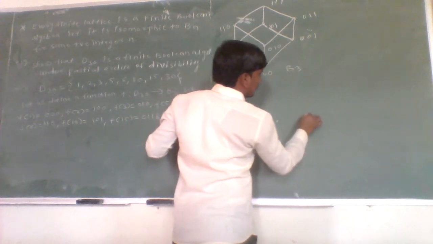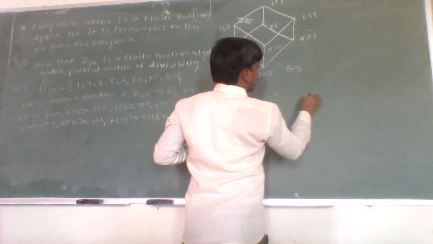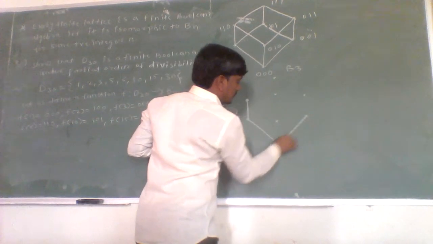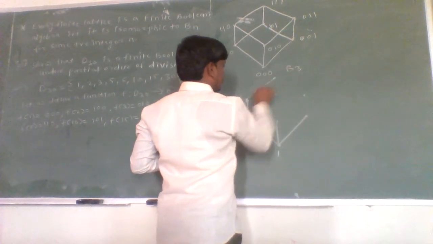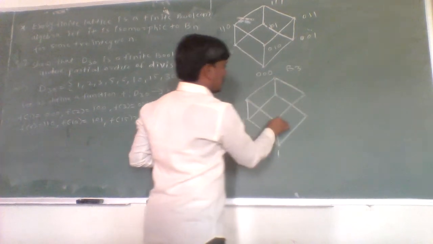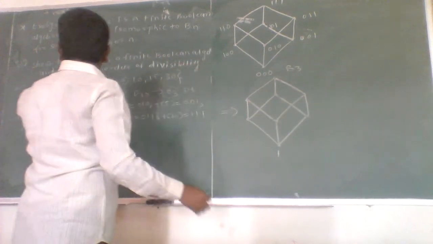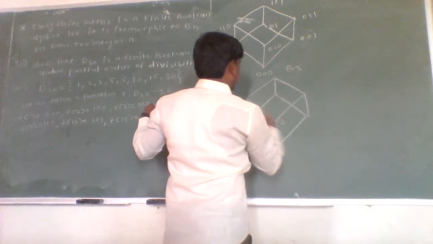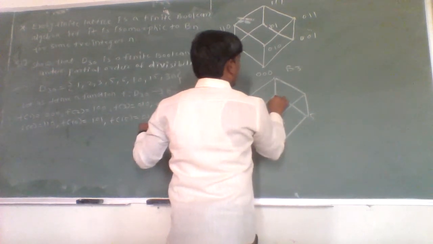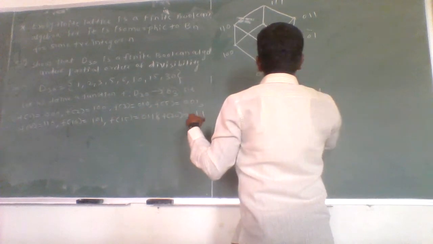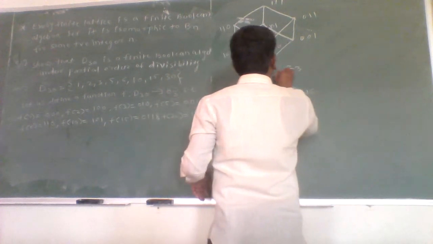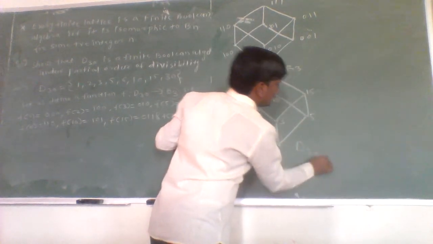Here there are three elements, again three elements, and one element at the top: 100 is 2, 010 is 3, 001 is 5, and 110, 101, 011 are 6, 10, 15, and 30. So this will be the Hasse diagram of D30.